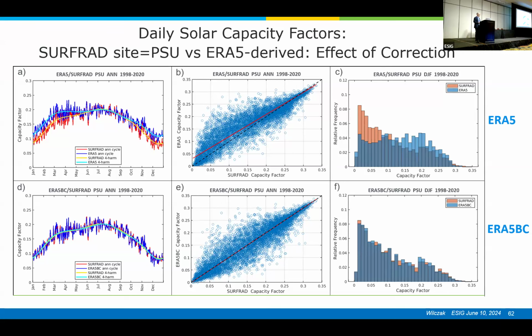The middle panels show that after bias correction the ERA 5 BC is unbiased, and the right panel shows histograms of the ERA 5, orange being the observations, light blue being the ERA 5 values, and after bias correction for the December, January, February time period shown here, you can see that the histogram agrees almost perfectly.